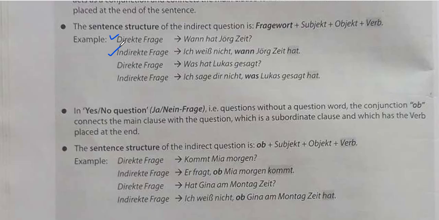Direct speech and reported speech is the same thing in English, and that's what we are learning here in German. So indirekte Frage: Ich weiß nicht, the fixed phrase, and then instead of ob, we added a W question word because the direkte Frage was when does Jörg have time, not if he has time. So wann Jörg Zeit hat.